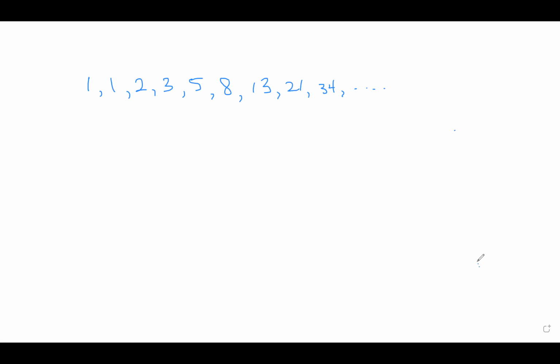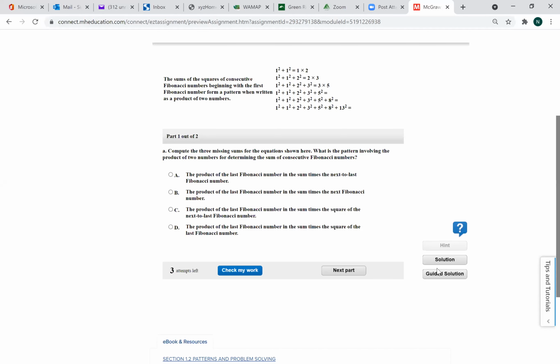So let me see. I did that wrong. Where do I want to go to now? I want to go back to here. So what they're saying is, the first one says it's the product of the last Fibonacci number in the sum times the next to last Fibonacci number in the sum.